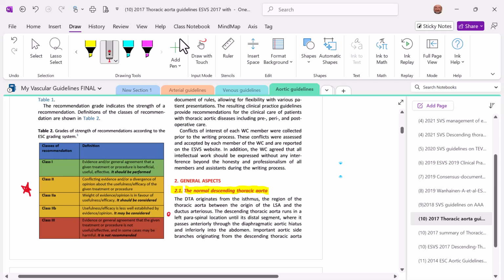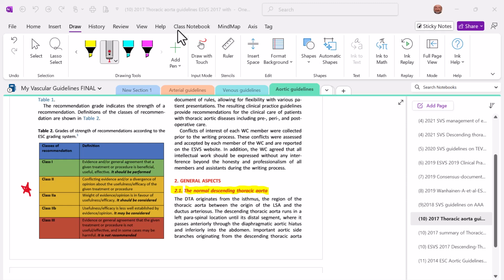So, for example, you need to stick to level A and class 1 and class 2A. Some of us go up to 2B in some circumstances, but obviously don't go to class 3.